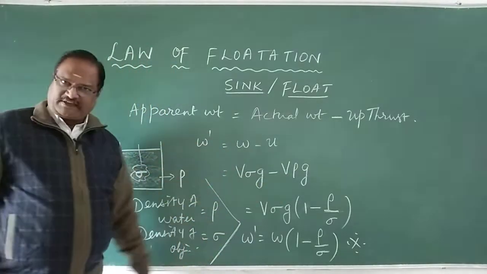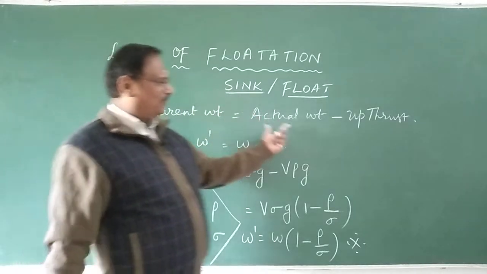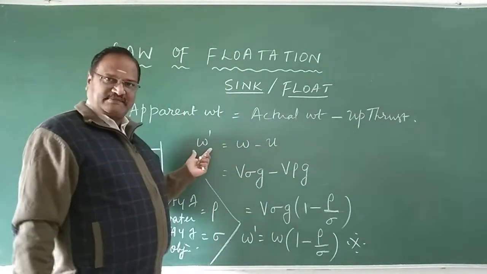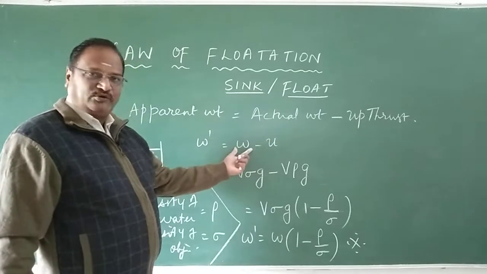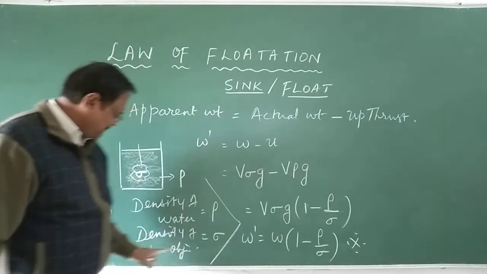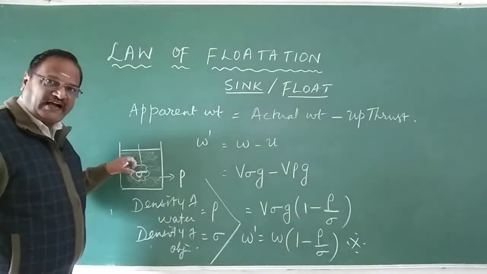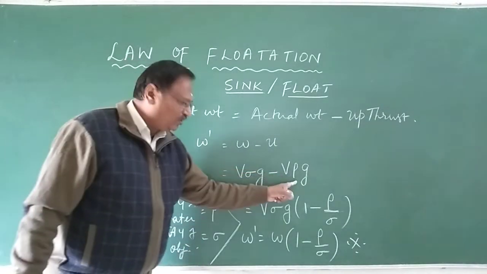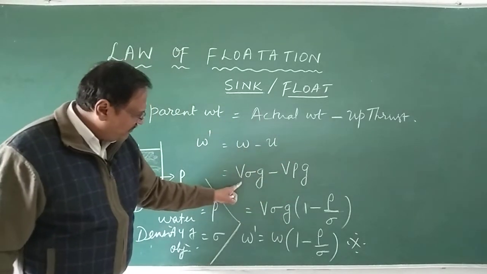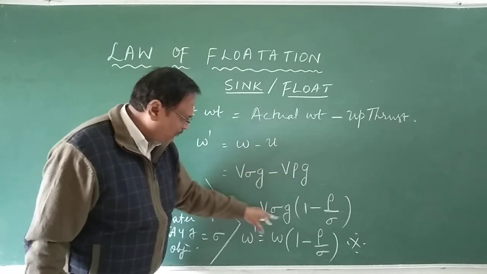So it is a very simple discussion. Apparent weight is equal to actual weight minus upthrust. W dash is the symbol, and the weight is W minus U, the upthrust. V sigma is the density of the object which is immersed inside, and the upthrust is by rho, that of the water or the liquid. So I have taken V sigma G outside. Vg is common, so no problem.